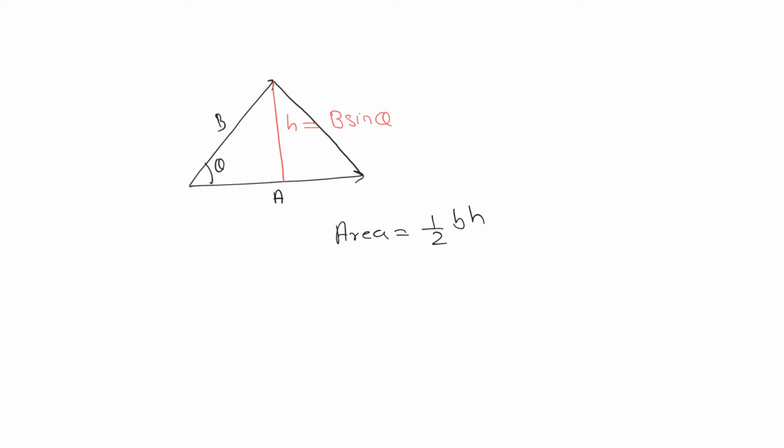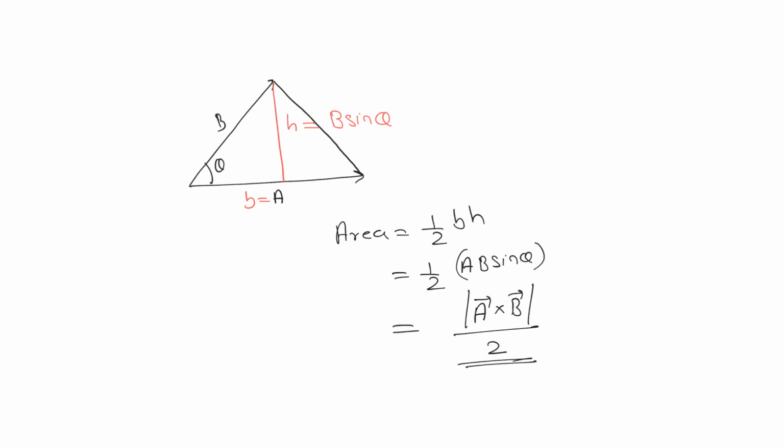And the base is equal to the value of A. So the area of this triangle is equal to half into base, which is A, and height, which is B sine theta. Now we can observe that this AB sine theta represents the magnitude of A vector cross B vector. So we can write the magnitude of A cross B divided by 2 will give the value of the area of the triangle.